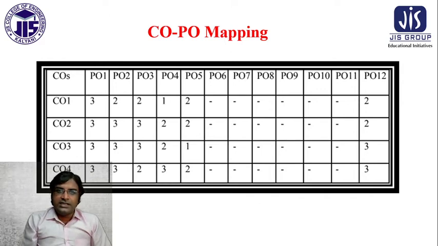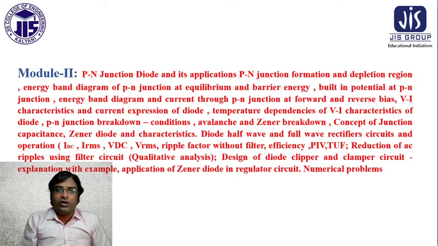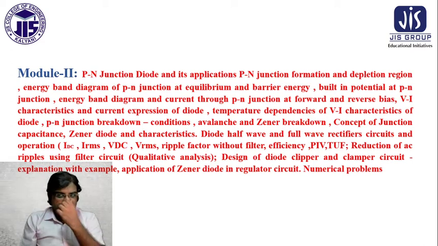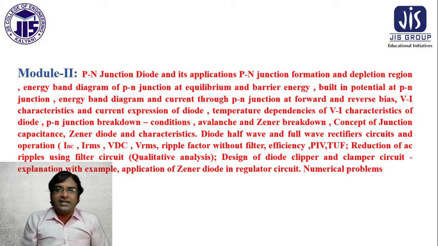This is module 2, PN junction diode applications: PN junction formation and depletion region, energy band diagram of the PN junction at equilibrium and barrier energy, built-in potential at the PN junction, and current through the PN junction at forward and reverse bias.